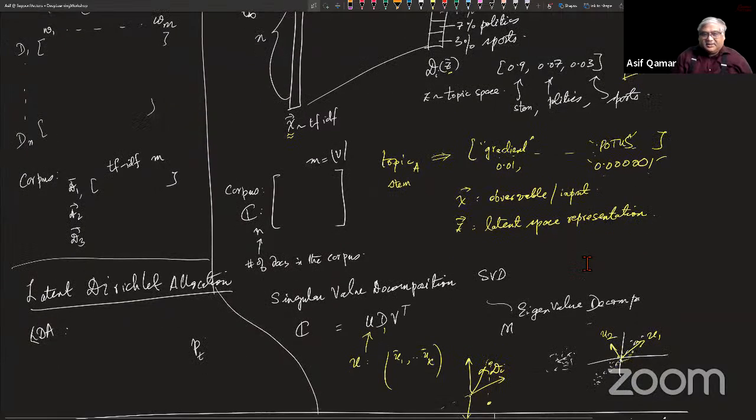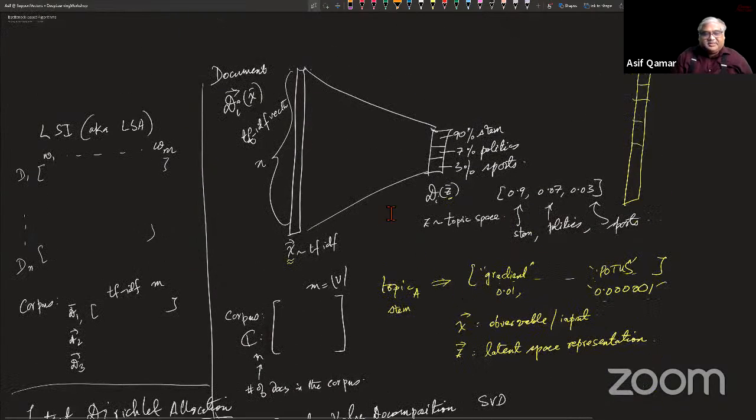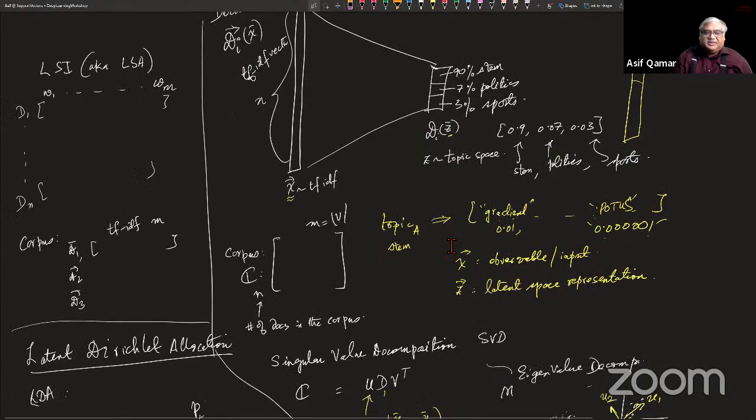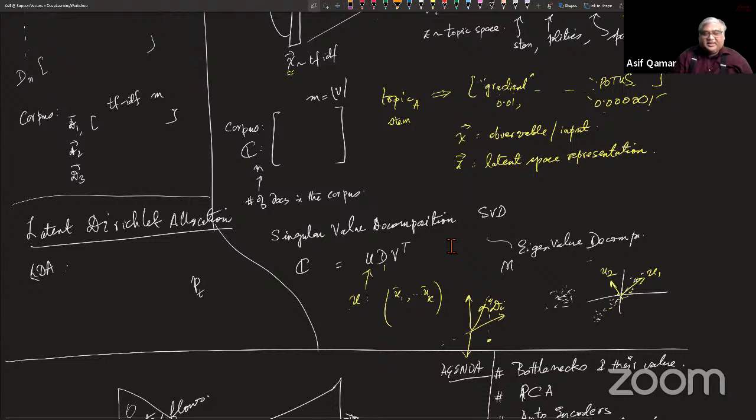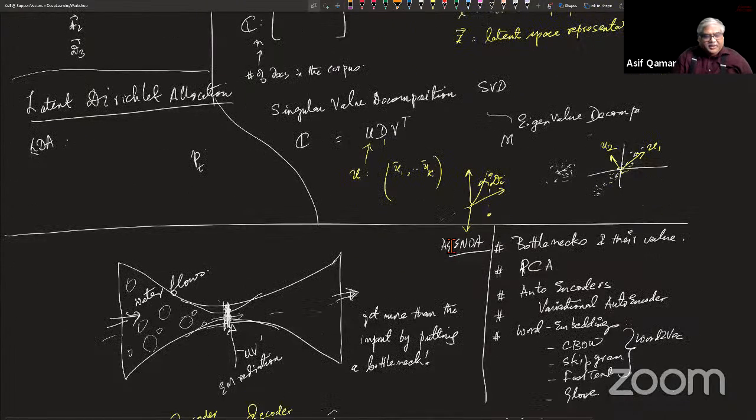I use the word Z for the lower dimensional representation and X for the initial vector space, which is a much higher dimensional space. One example we took was singular value decomposition, also called SVD or LSI, latent semantic indexing. The same idea carries forward to this bottleneck algorithm.